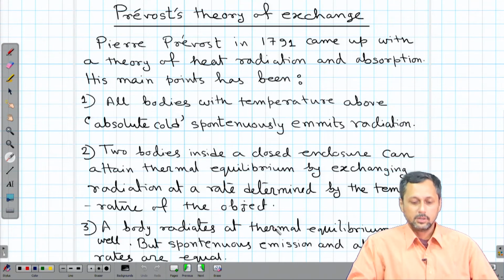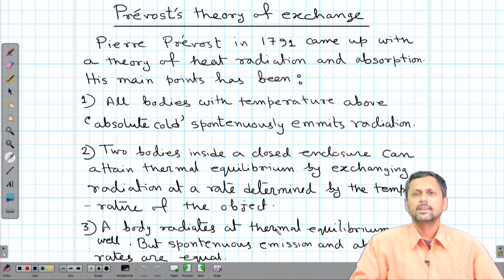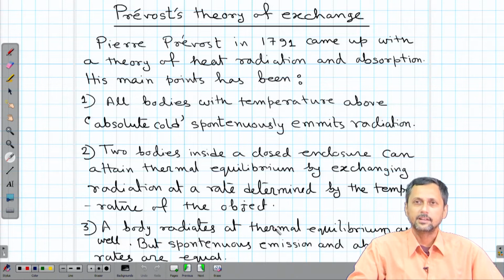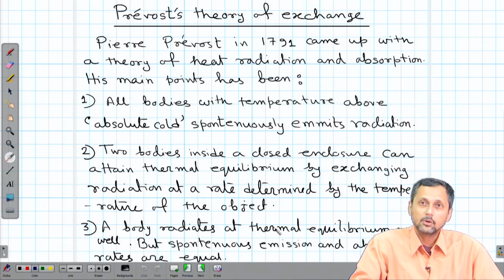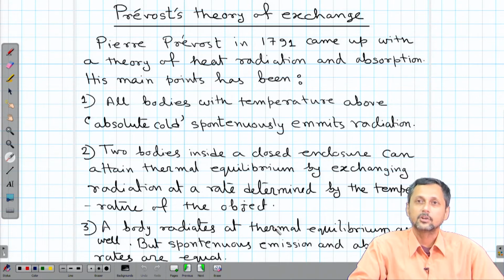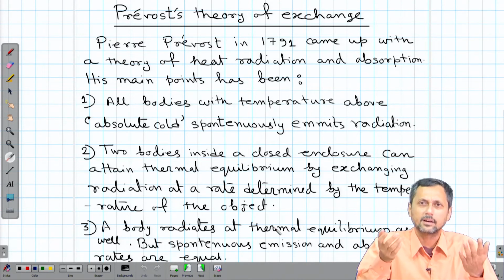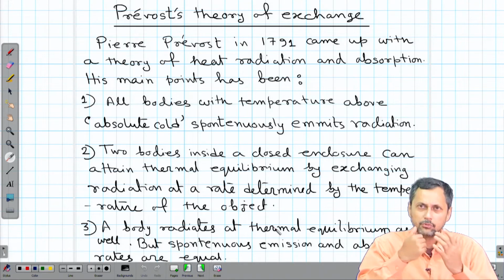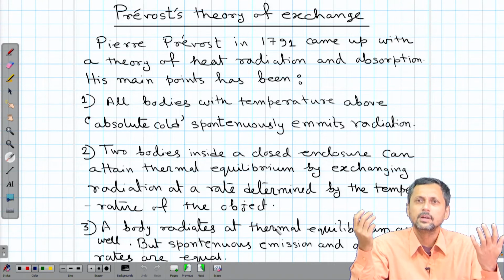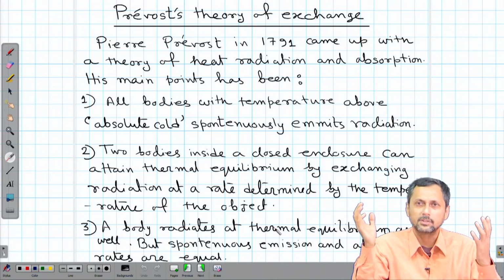Right. Now, as I have said, radiation, like any other field, was an observational field to begin with. Initially, people used to talk about heat radiation and cold radiation. If you are inside a very cold room, you feel cold, as if the walls of that room are radiating cold radiation.